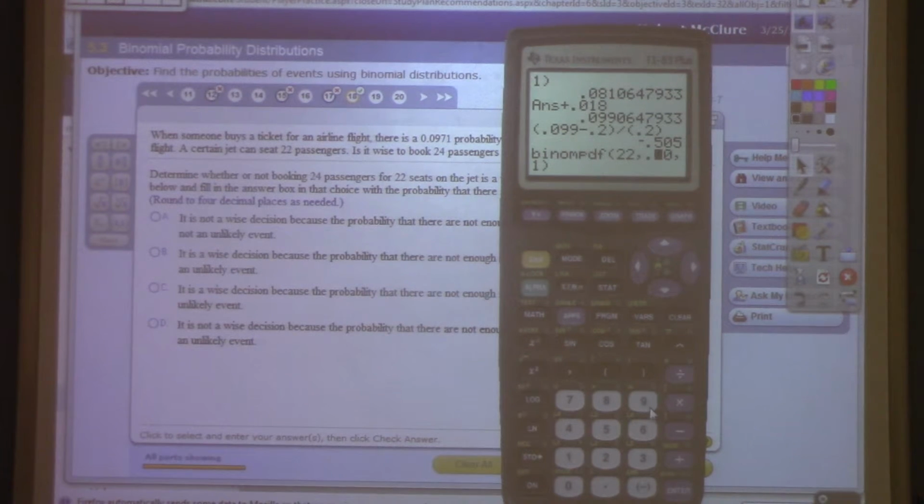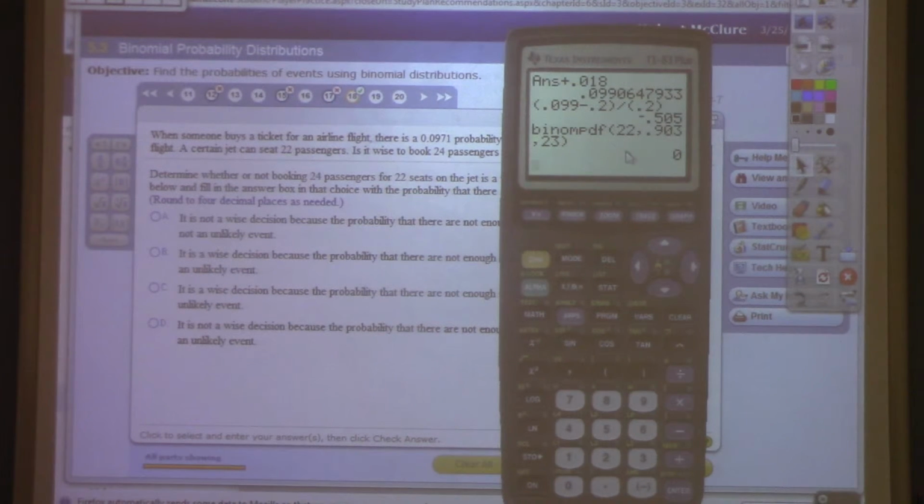Just give me 2 decimal places. 0.9 what? 903. Let's go ahead and put the 3 in there because they probably did. And probability of 23 showing up. Close parentheses. 0%. Same thing for 24.